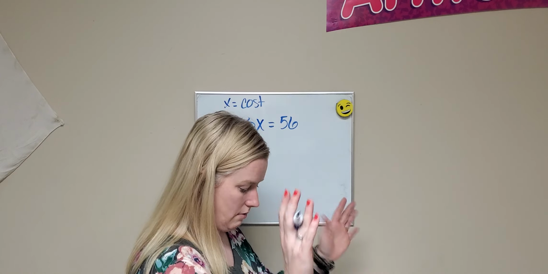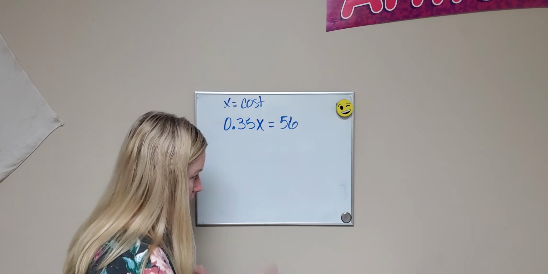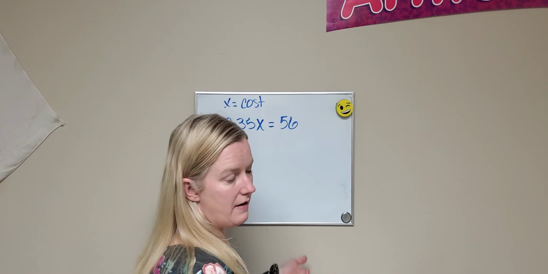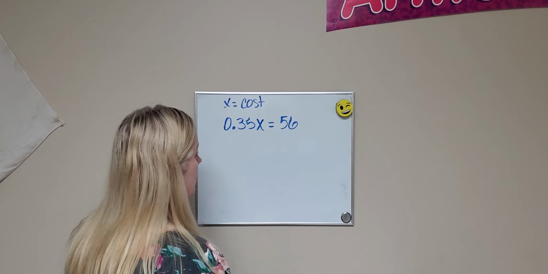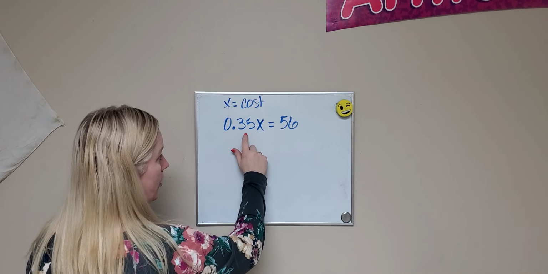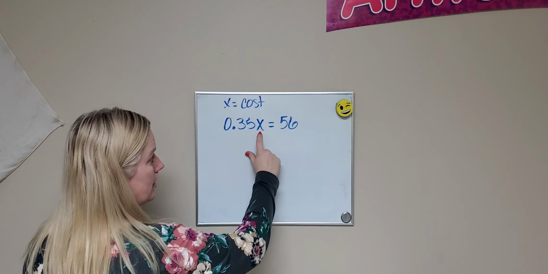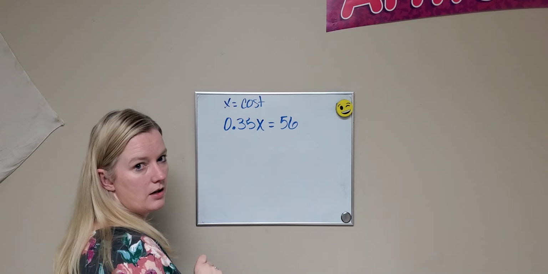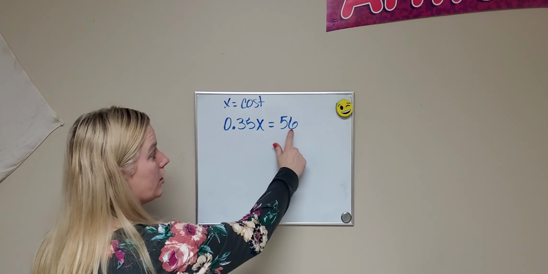I think it's $3.50 just off the top of my head, because 10 times 0.35, you just move the decimal over one. So that's how we find it out. We take the percent and multiply it by the cost of what we paid for it, and that's going to give us the markup price.